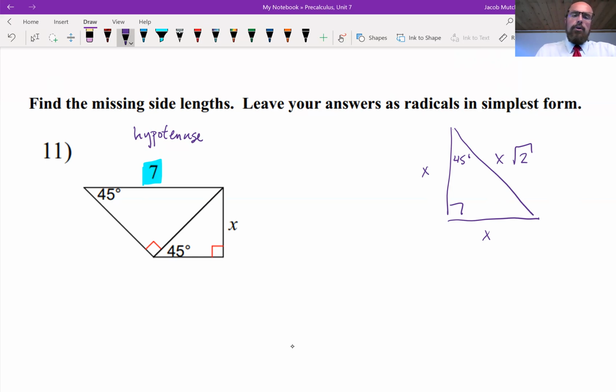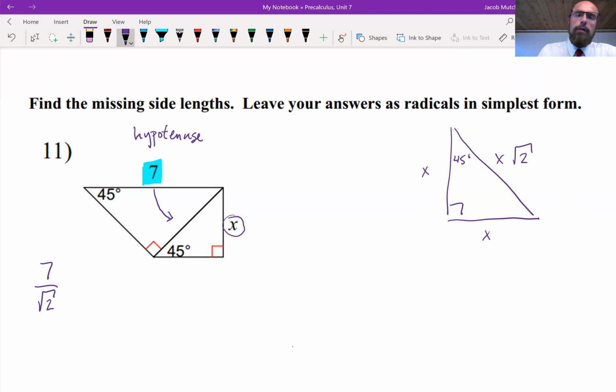So I'm going to find, and notice I'm not going to try to calculate directly my missing side length X first. I really want to first capture this intermediate side that they share. So for the upper right triangle here, it's a leg. So I'm going to find its length. It's going to be 7 divided by the square root of 2.